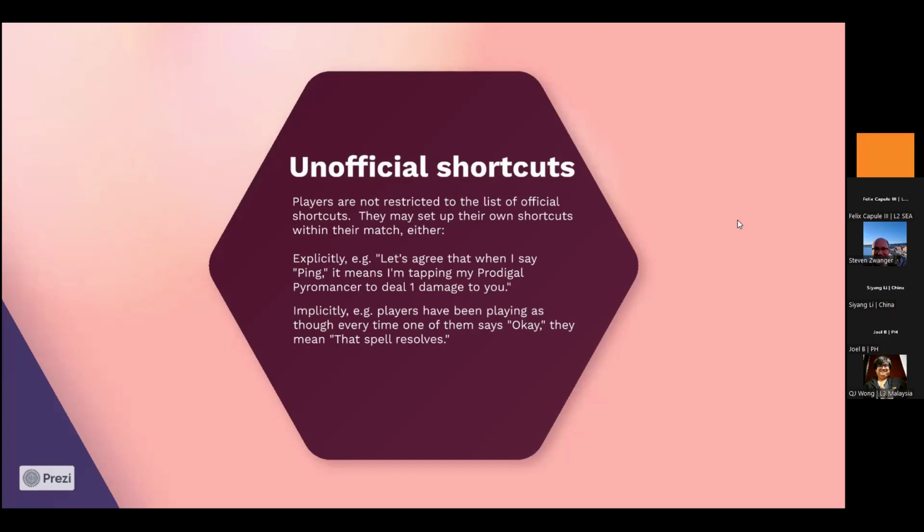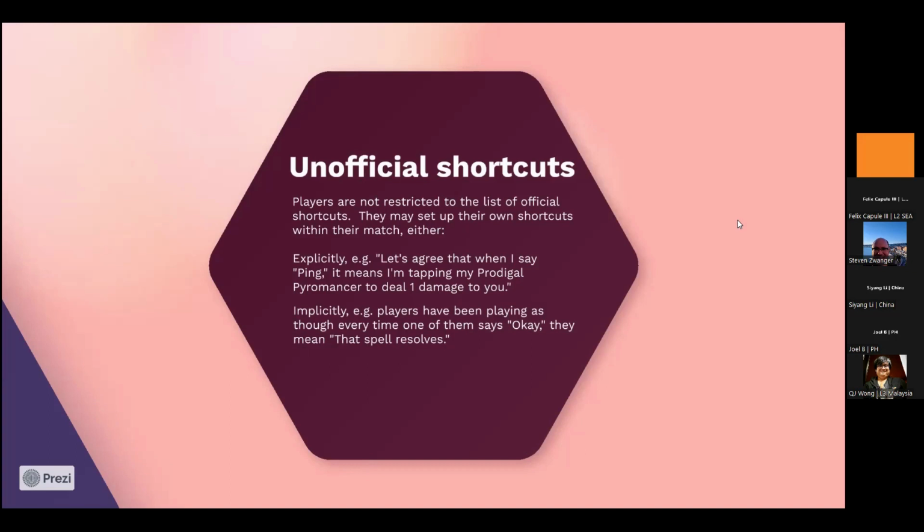Because if they have been communicating up to this point in such a way that okay has become an unofficial shortcut, okay now means that spell resolves because that's the way they've been playing, you should now apply this unofficial shortcut and say, well, look, up to this point, every time one of you has said okay, you have both agreed that means the spell resolves. So now if you don't agree what that meaning is to the word okay, you're going to have to use that unofficial shortcut you've set up.